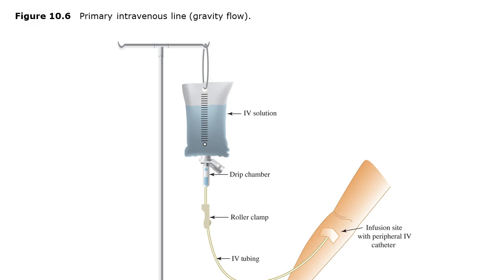And what happens is it sounds an alarm. It will also alarm when the solution finishes, and it's kind of like a built-in computer, which will give you how much fluid has infused into the patient, and will give you a time remaining for how long it will take for the infusion to finish.